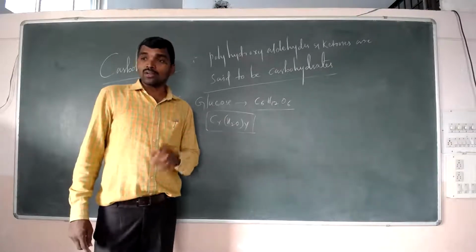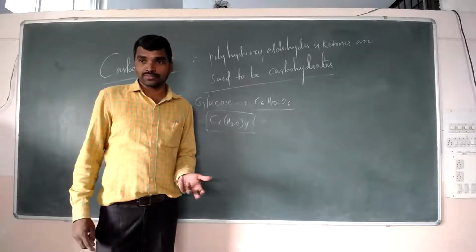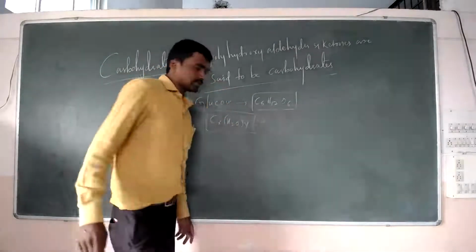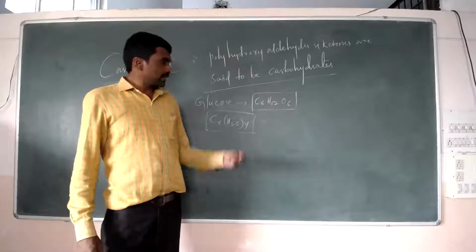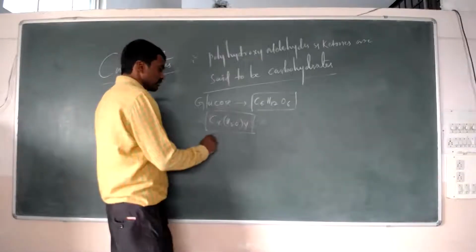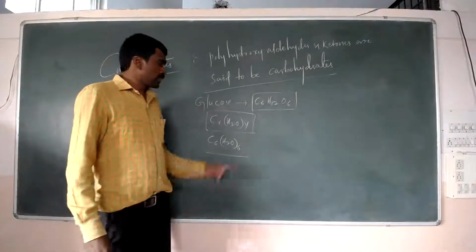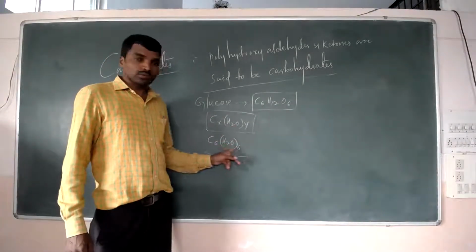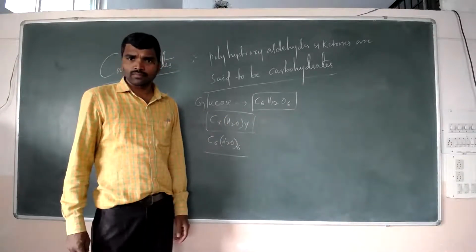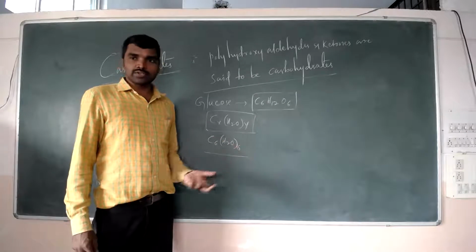For example, this is glucose, C6H12O6. Checking: carbon 6, hydrogen 2 into 6 is 12, and 6 oxygens. Yes, it fits. So this is also a carbohydrate.